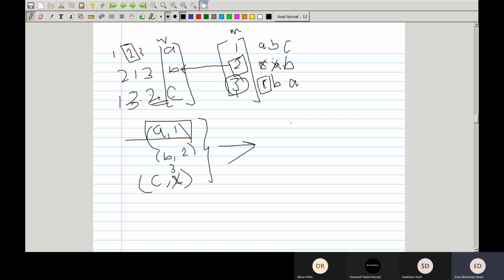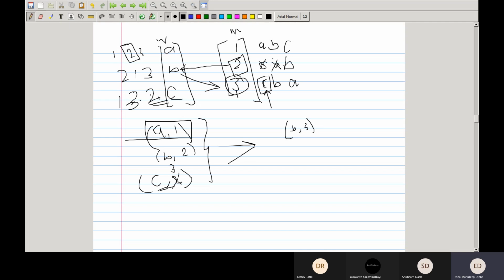Now let's take a look at B comma 3. B comma 3 are not matched. This is an unmatched pair. 3 is matched to C, and B is below that, so this is not a blocking pair because the person 3 is matched to, who is C, is not less preferred than B. A blocking pair is a blocking pair only when they prefer each other more than the person they are matched to.